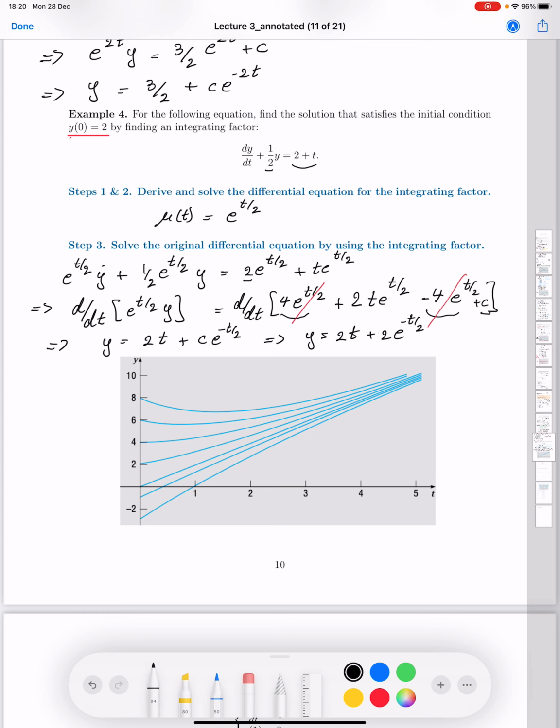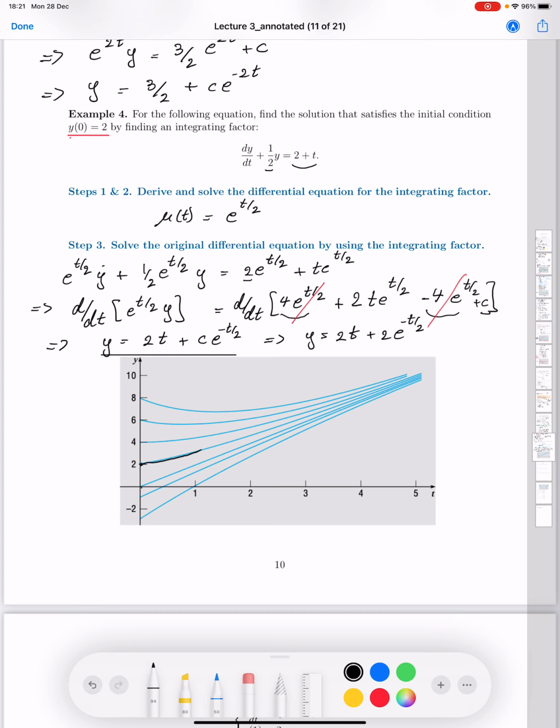Now, you see that this first one here was really the general solution, and the one here is the more specific solution for that initial condition, which was that at time t equal to 0, I had y equal to 2. So it's really this solution over here, right?